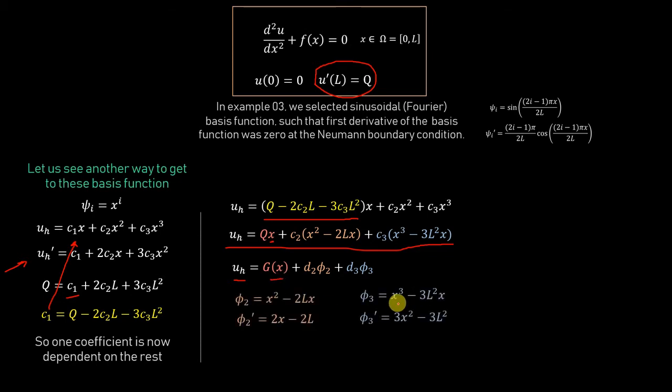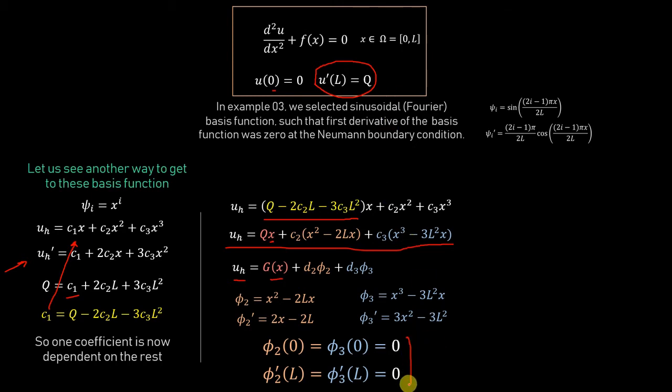Okay, so let's see the nature of this new basis function. So phi 2 and phi 3 are these, and we calculate their first derivative. Now note that these basis functions phi are 0 at the point where the essential boundary condition has been specified, and also their derivatives phi 2 dash and phi 3 dash are 0 at x = L, where the Neumann boundary condition has been specified.